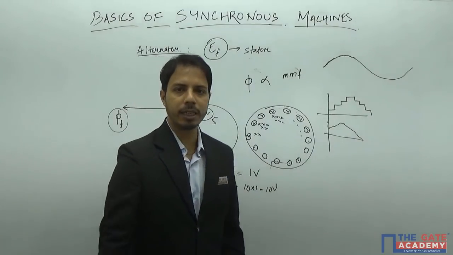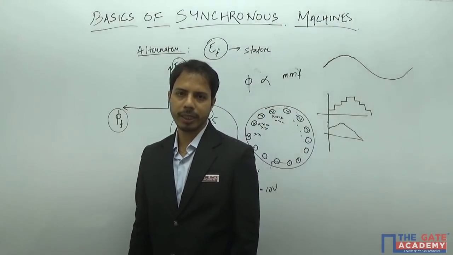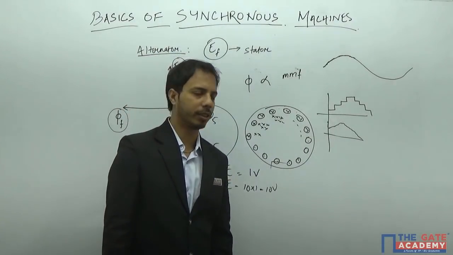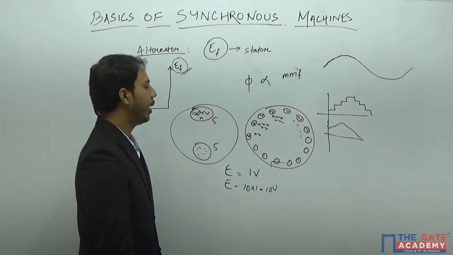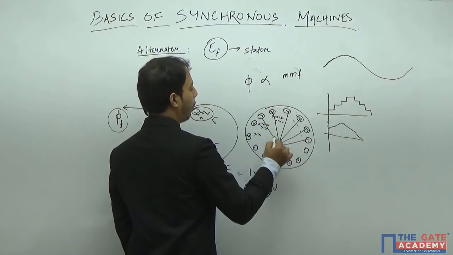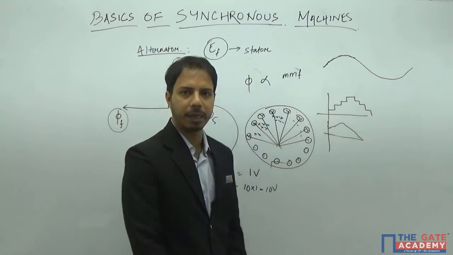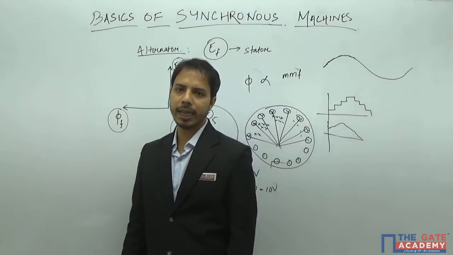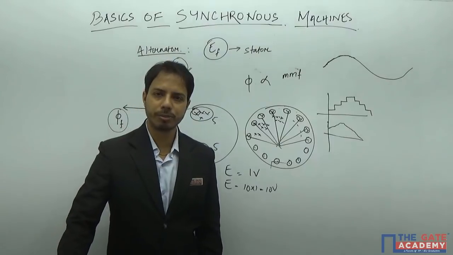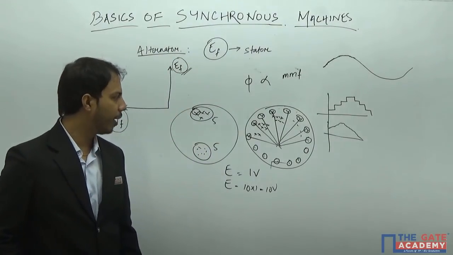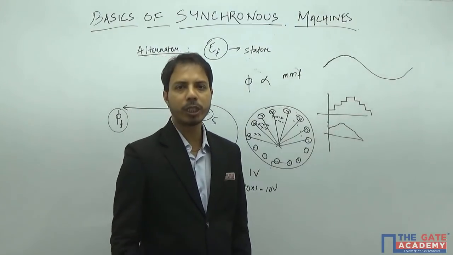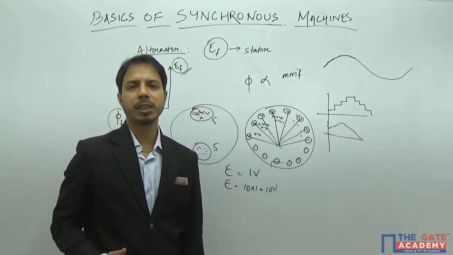So what we did is directly do the scalar addition, directly adding all the voltage induced in the conductors. Whereas here, the induced EMF magnitude may be the same, but at a particular instant they have some phase difference. Since they have a phase difference, when we do the vector addition, the EMF will decrease from the scalar addition.